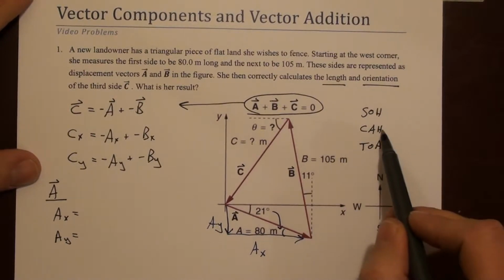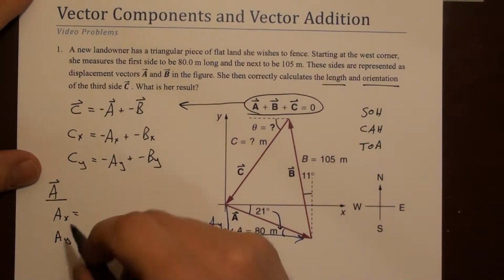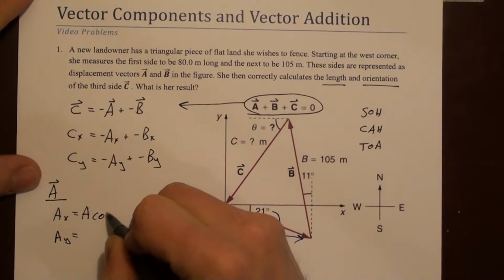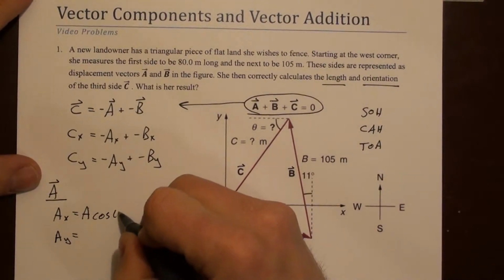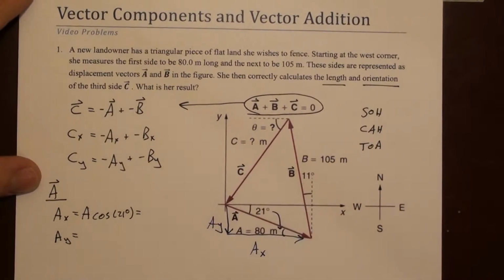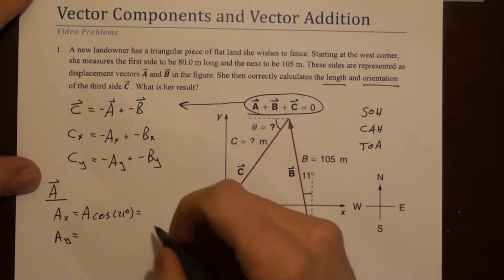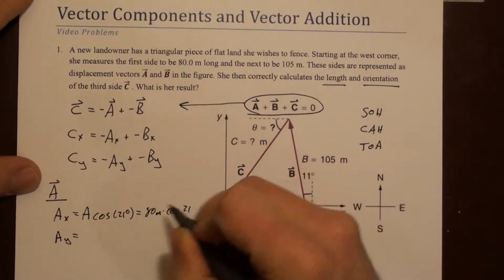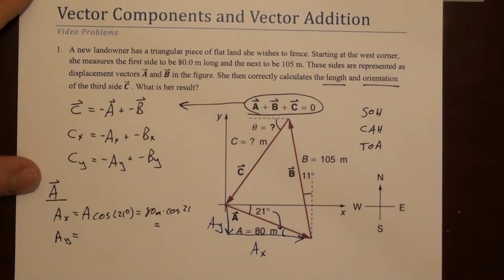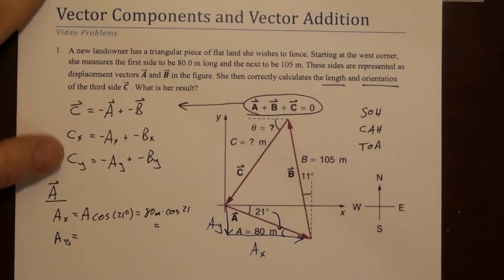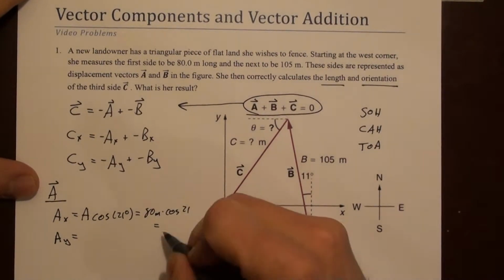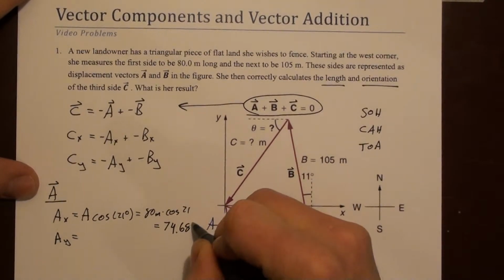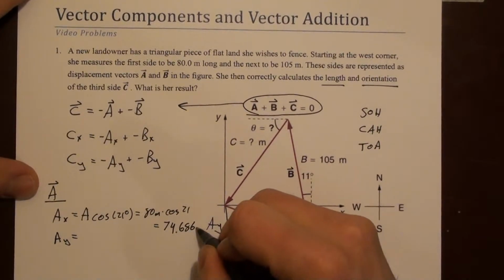So the adjacent is cosine, so it looks like it should be A cosine of 21 degrees. So if I do that, A is 80 meters times cosine 21, which is 74.686 meters.